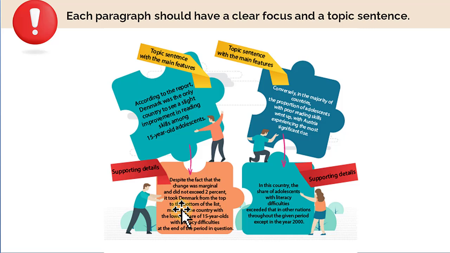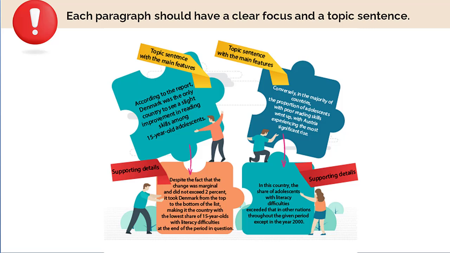And remember that each paragraph should have a very clear focus and a topic sentence. So this is highly important. If you mention in one paragraph only the upward trend, then focus only on that. This will usually be the case with line graphs, where in one key feature you have an upward trend, and in the second key feature you have the opposite, downward trend.